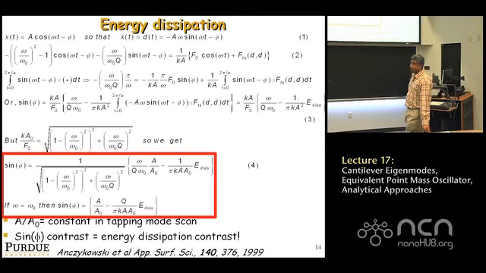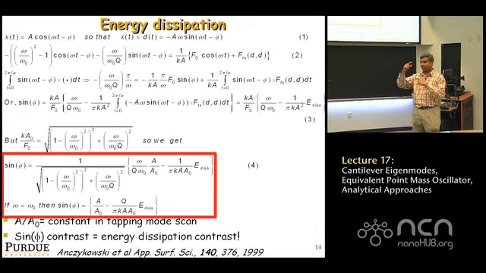Now, when you're tapping on a sample and scanning in tapping mode, what do you keep constant? You keep the amplitude constant, right? What is A0? Remember, A0 is the free amplitude, the initial amplitude before you interact.